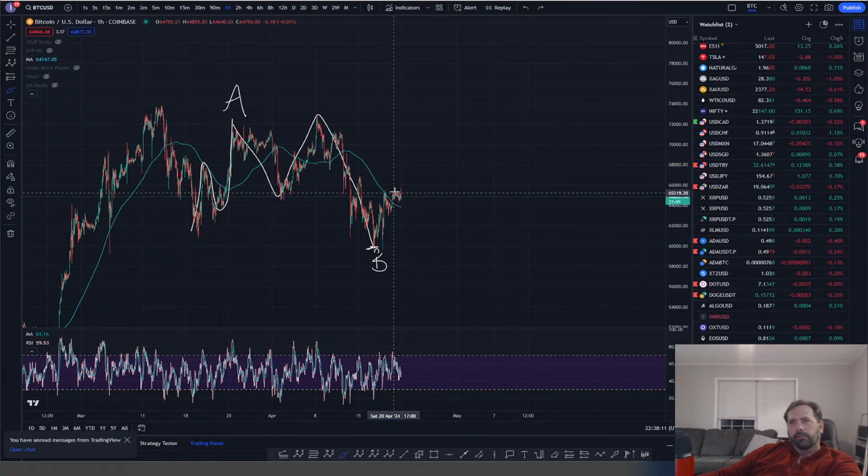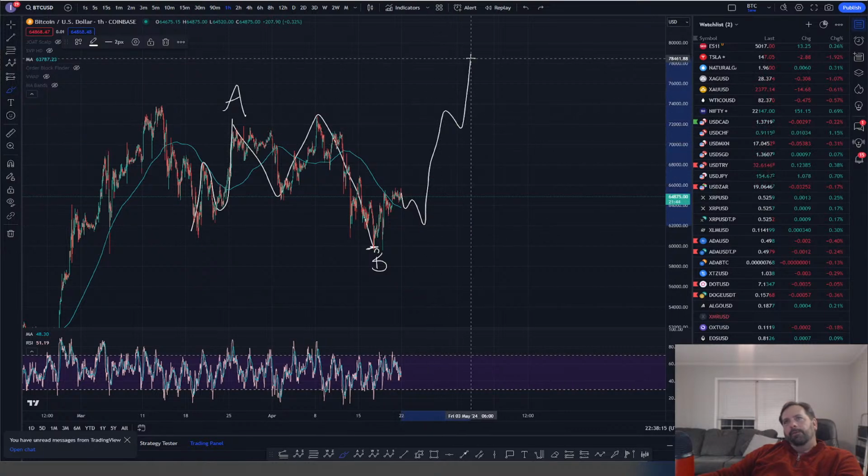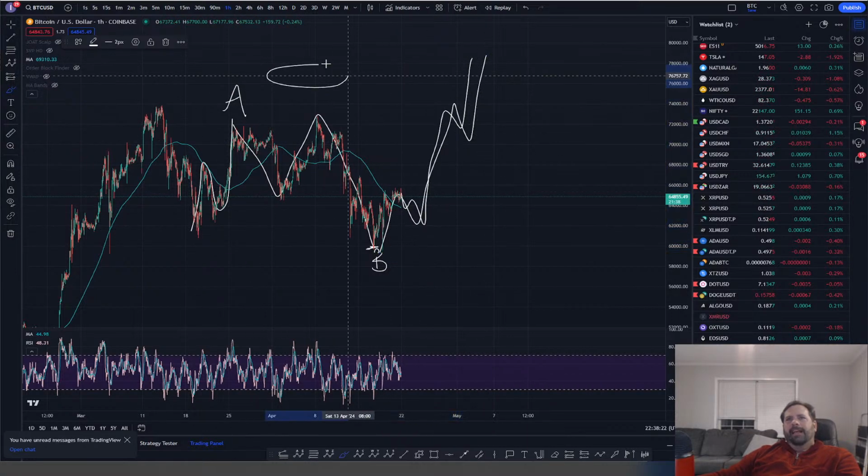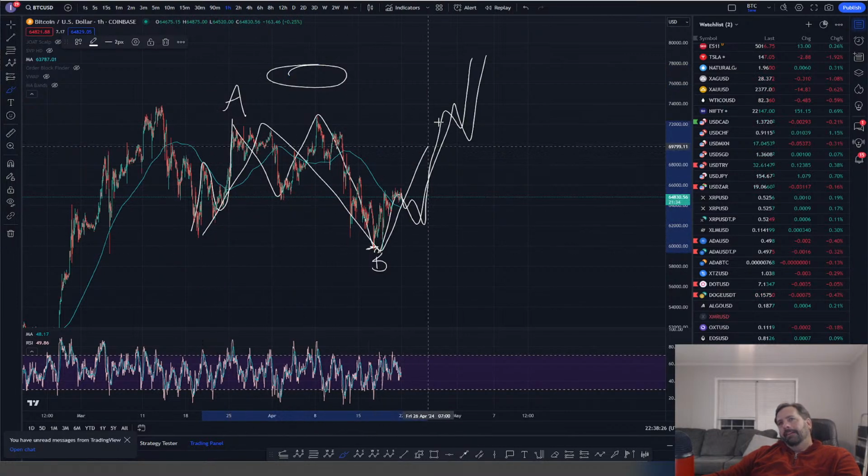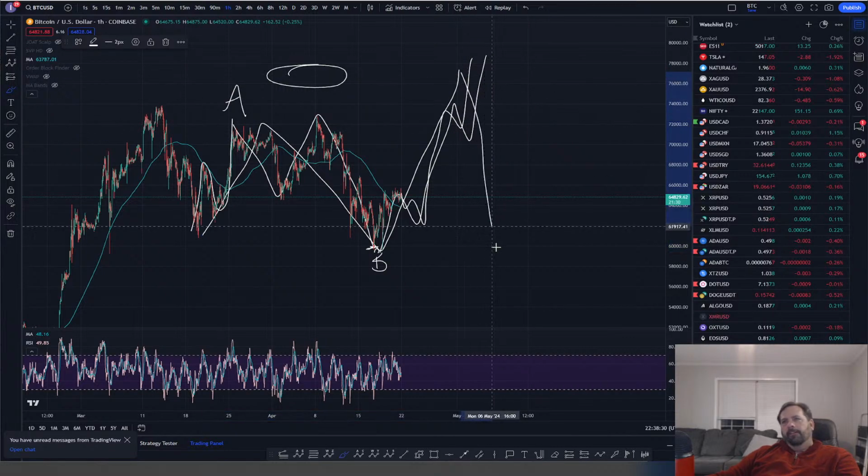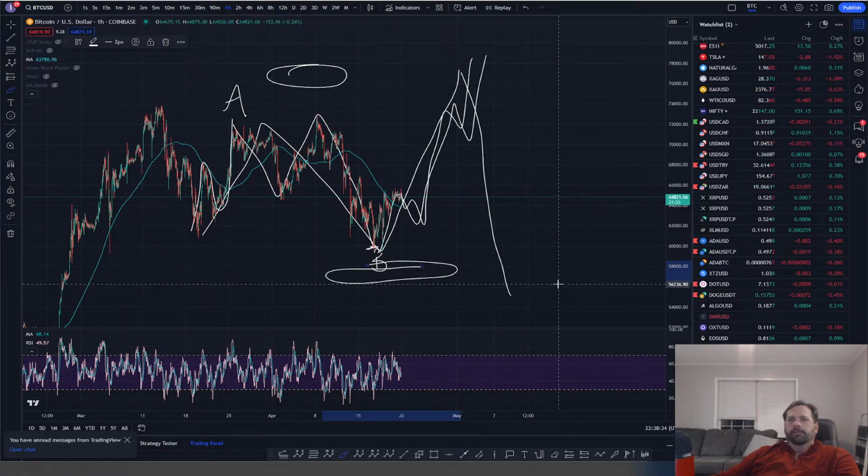This might still come down, but we're going to go up for a C wave. We're going to go up for 5 waves, and we're going to take this high out. And that whole thing is going to be a flat, which will be followed by another move that comes down and takes that low out.